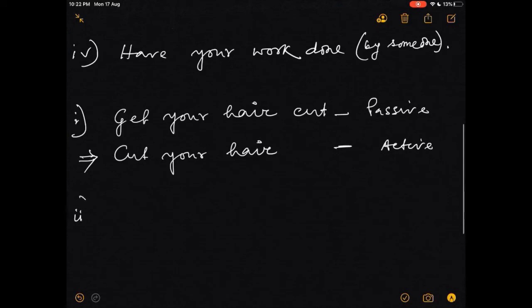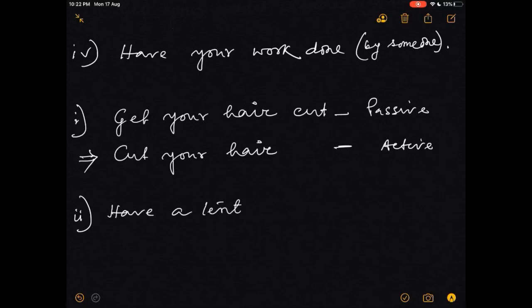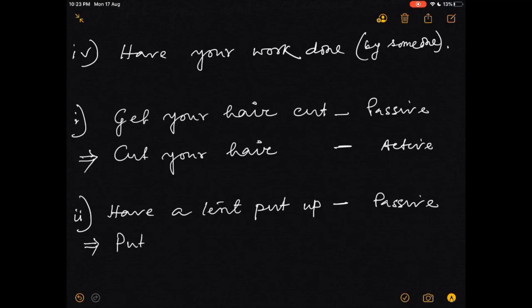Number 2, have a tent put up. It's passive. Its active is put up a tent. Active.